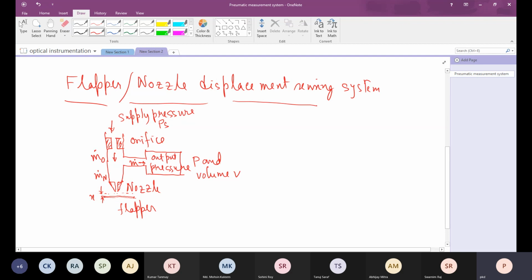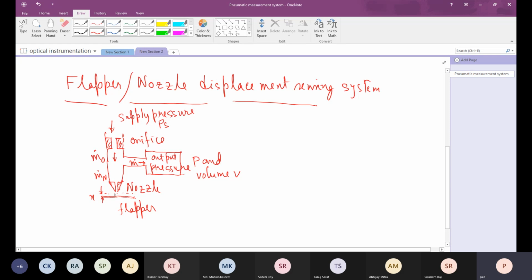In case of the lab, there are screws, so we can move it physically, or otherwise, a flexible flapper is provided for the experiment, which has a displacement corresponding to a cantilever. So through that nozzle, the gas will come out and it will create a pressure, and that will be fed back to this.